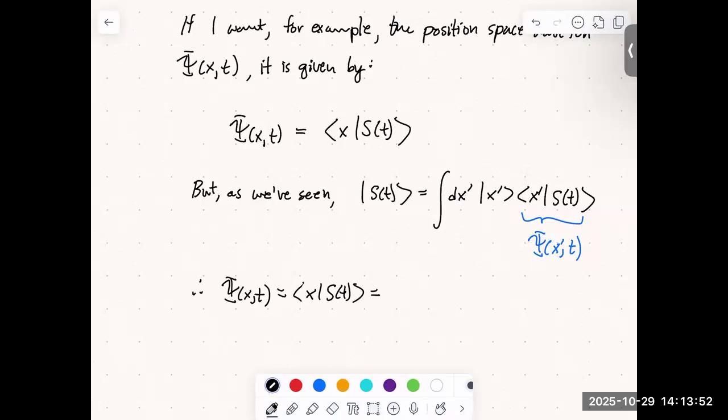So we're going to get the integral of dx prime, and then I have |x'>. So I act from the left with <x|. That comes inside the integral, acts on this thing, and then I have psi of x prime, t.